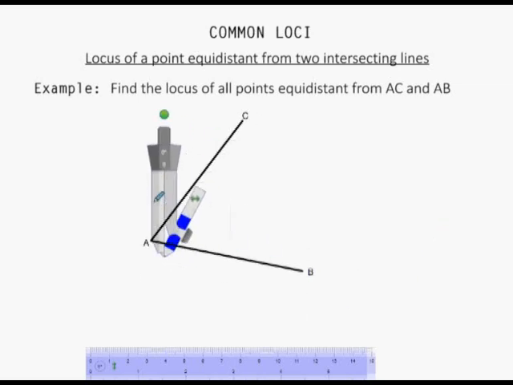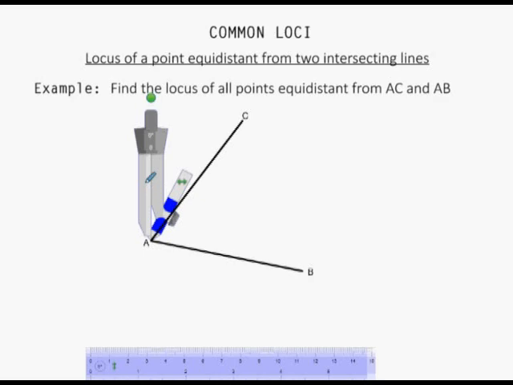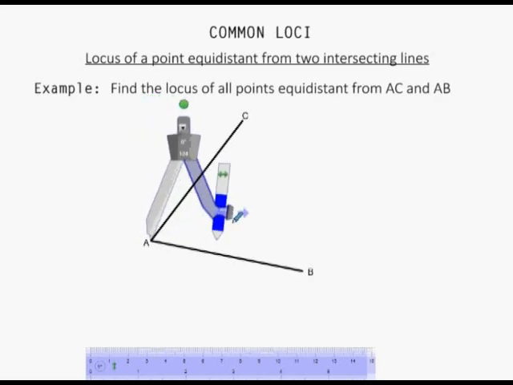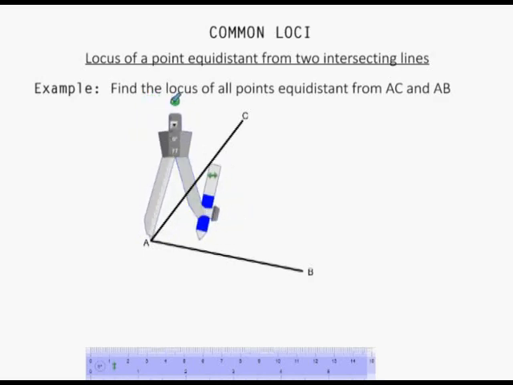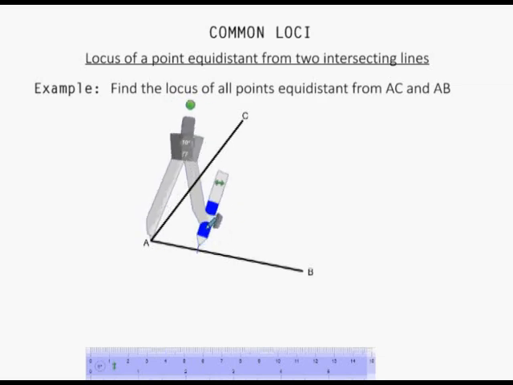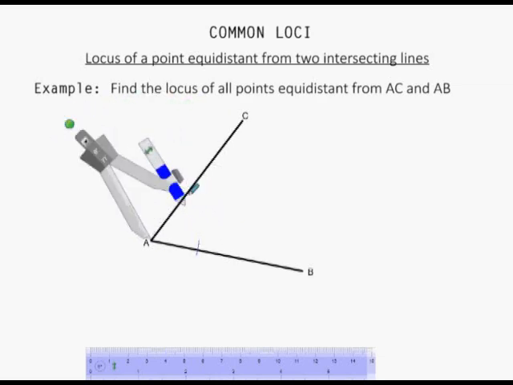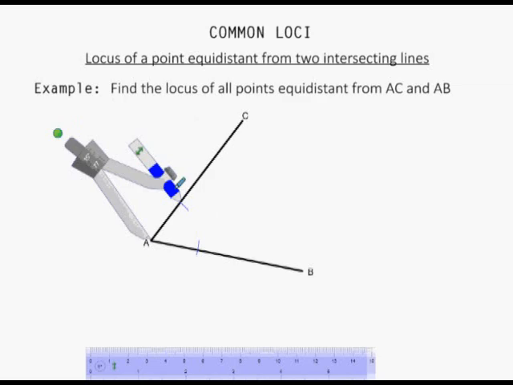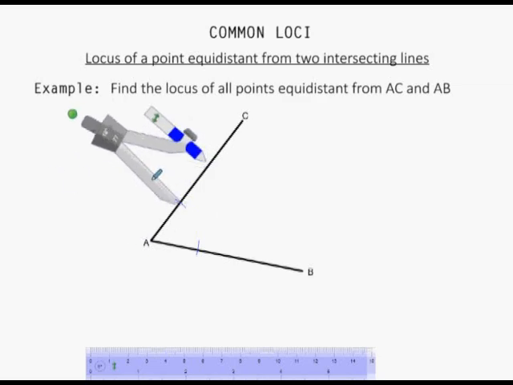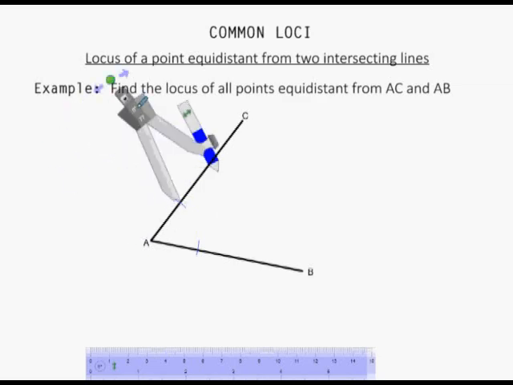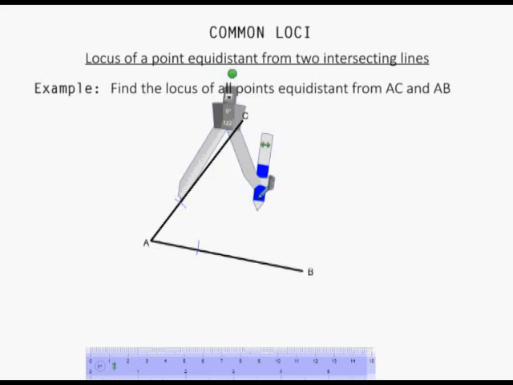And so place the compass at A, take any distance, and make arcs to intersect both lines. There and here. Place the compass on one point and make an arc.